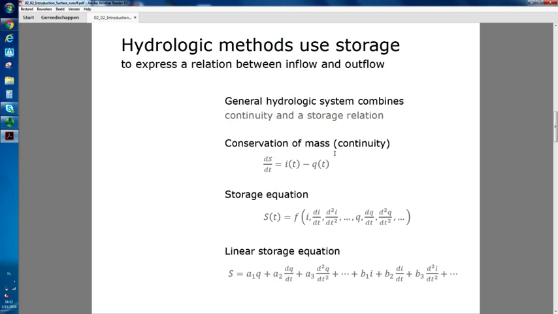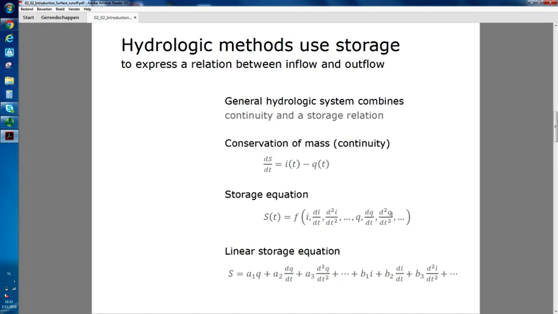Now the storage equation that we have can have different shapes. It will be a function of inflow, outflow, and then, for example, the first derivative of the inflow, the second derivative of the inflow, or the derivative of the outflow and the second derivative of the outflow.